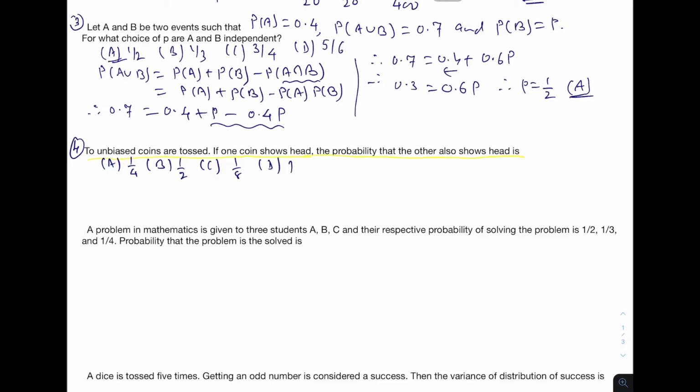Now two coins are tossed, so there are 4 possibilities, but it is given one coin shows head. So now our new sample space becomes one coin shows head. So like this, HH, HT. The first coin shows head. So in total we are having HH, HT, TH, TT.